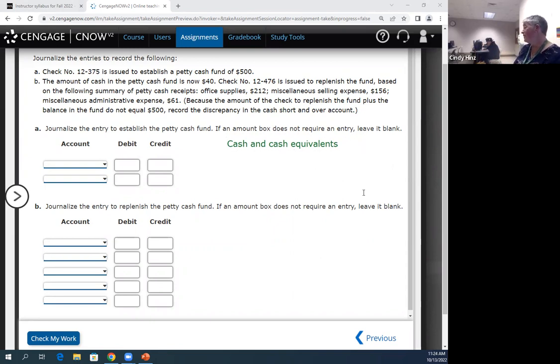Instead, it probably says cash and cash equivalents, because probably 99.9% of companies, very close to 100% of companies, use that term.